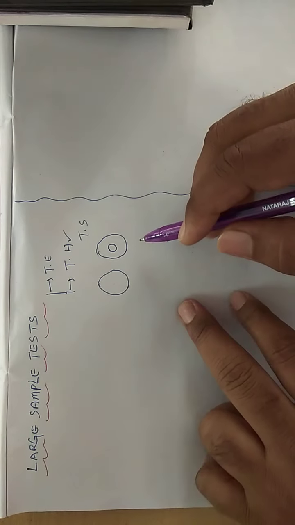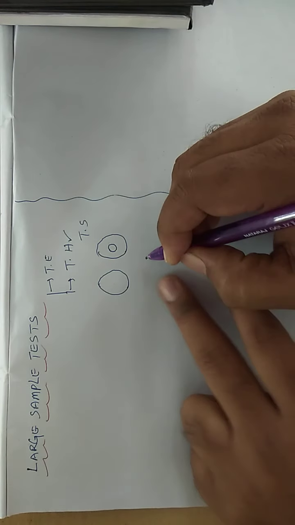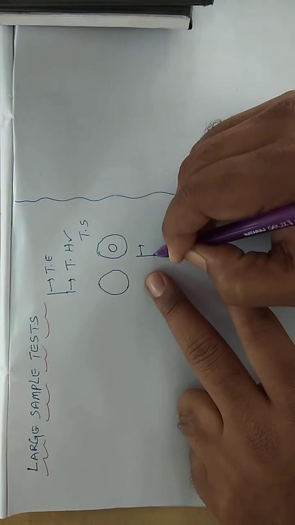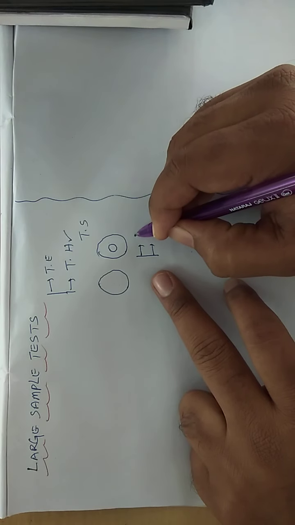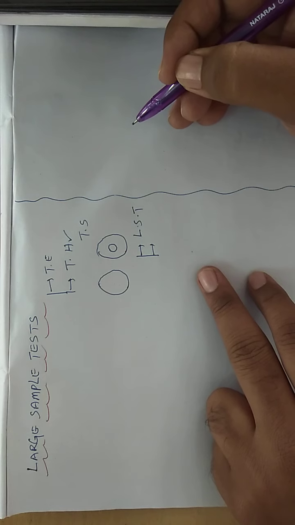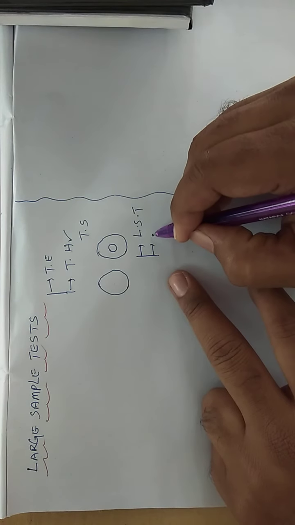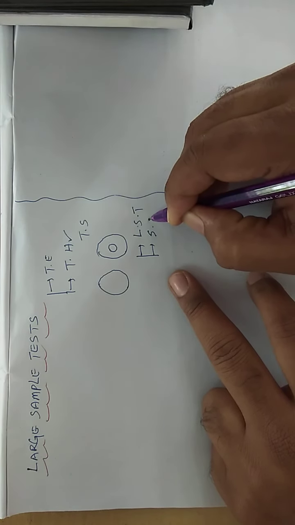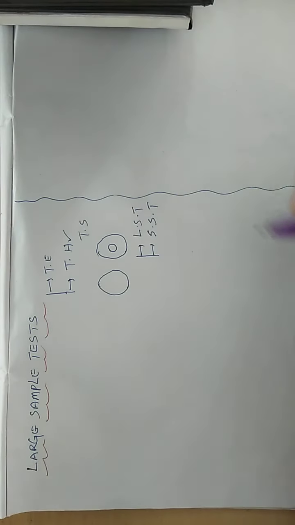The testing of hypothesis or the tests of significance are divided into two types. One type of tests is known as LST, large sample tests. One more type of tests is known as SST, small sample tests.